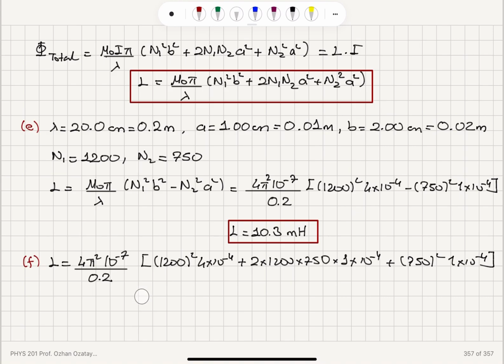This gives us an inductance L equal to 16.0 millihenry.